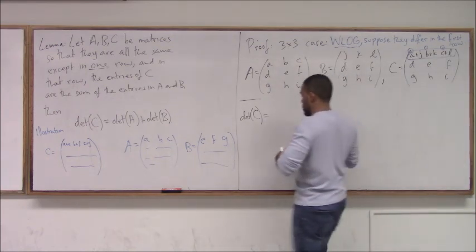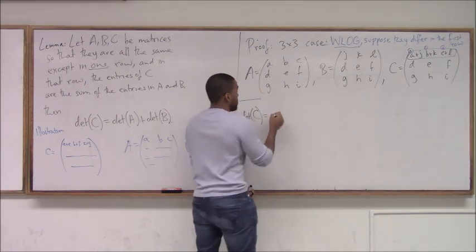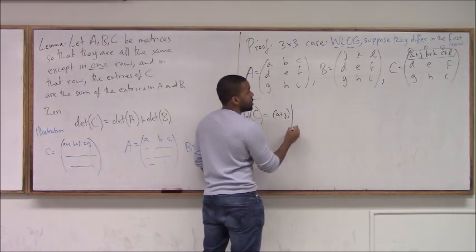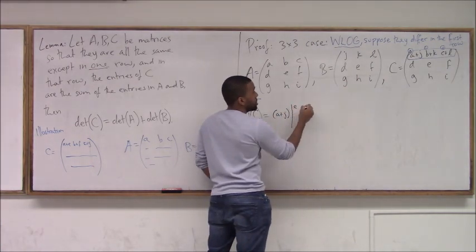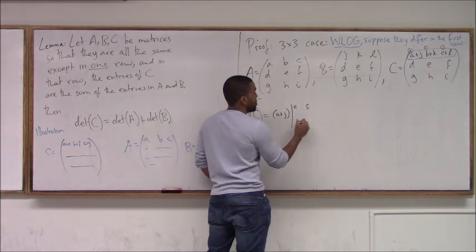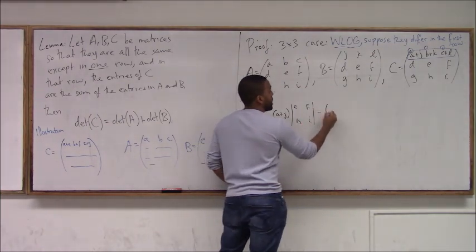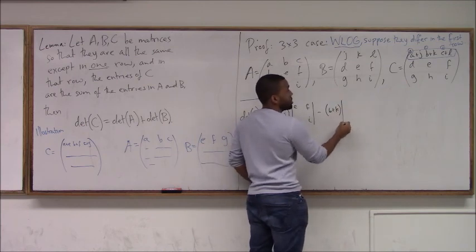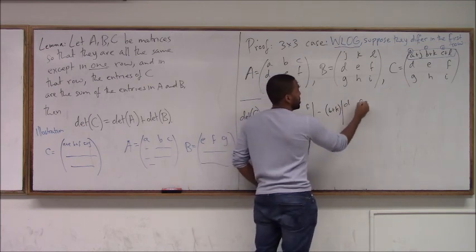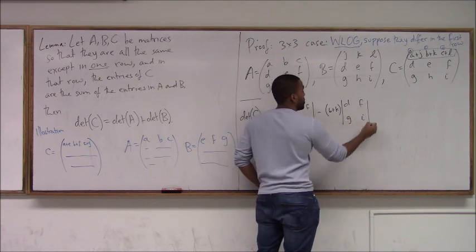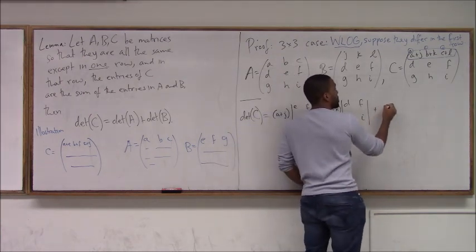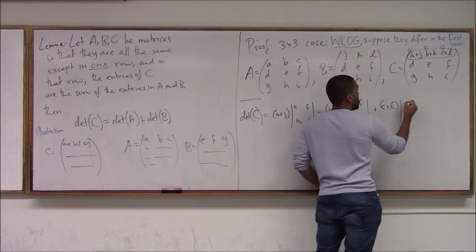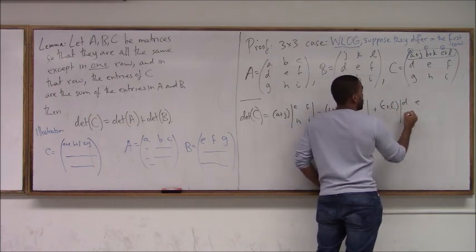So this would be a plus j times the matrix I get when I eliminate that row and that column, minus b plus k times the matrix I get when I get rid of that row and that column, plus c plus l times the matrix I get when I get rid of that row and that column.